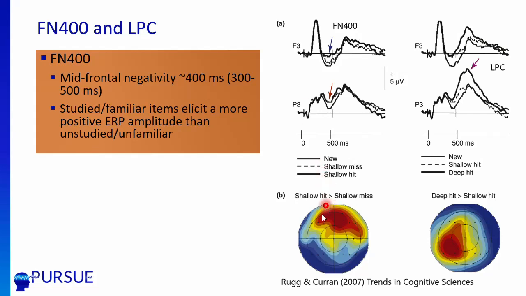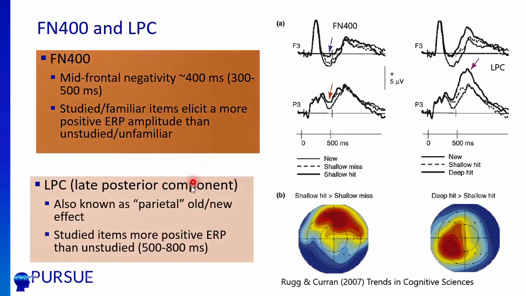And you can see in this topographic map that it has a mid-frontal topography that is characteristic of this ERP, and it's related to familiarity. It's a little more complicated than that, but there's another video that you hopefully have seen that talks a little bit about the ins and outs of the FN400 and its relationship to familiarity. The other ERP that we study is the LPC, or late posterior component.